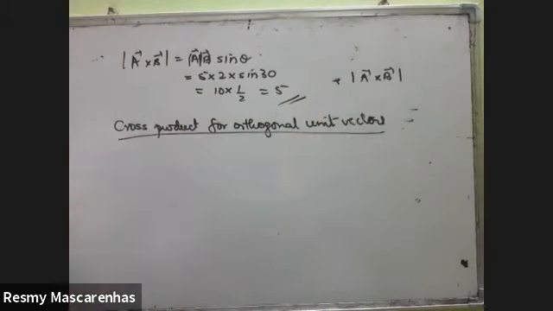So you know which are the 3 orthogonal unit vectors? I, J, and K, all are 90° to each other.